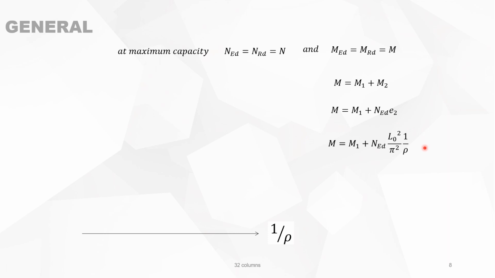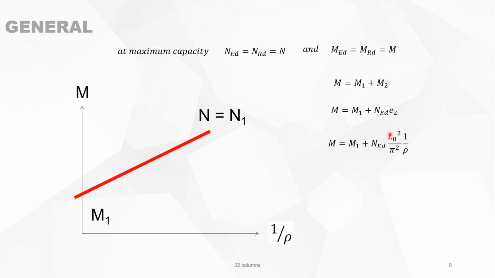And this, when you look carefully at it, you can put it in a graph with the curvature on the x-axis, the bending moment M on the y-axis, and you will see M1, that is the portion on the y-axis. And for a certain value of the normal force, N1 for instance, you see that this portion is the tangent of this angle, and it's equal to this portion here.